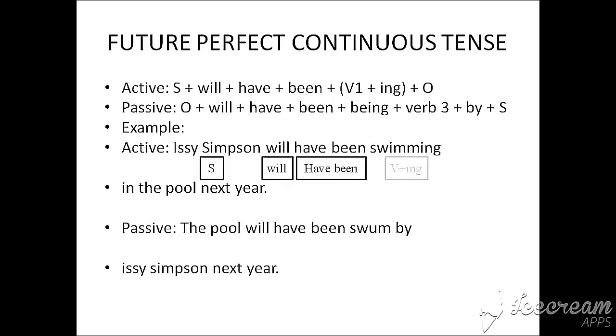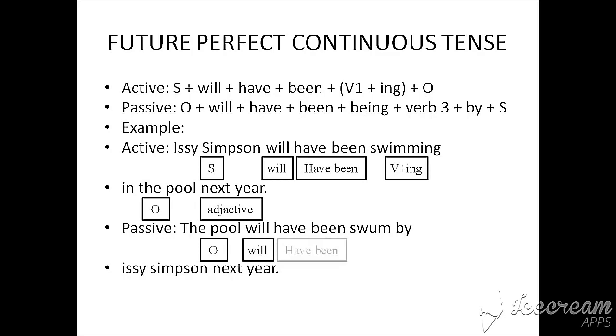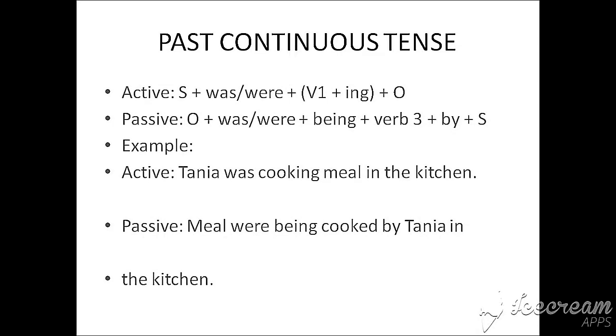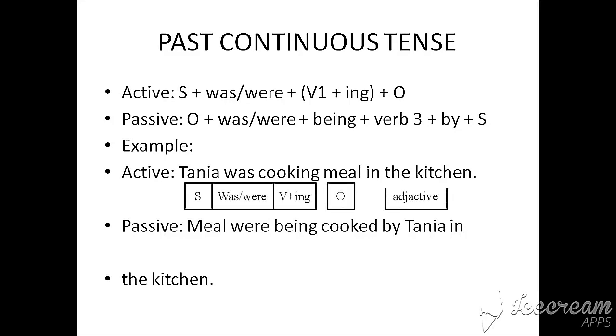The passive sentence is the pool will have been swum in by Izzy Simpson next year. There is past continuous tense. The formula of active and passive voice is there. The example in the active sentence: Tanya was cooking meal in the kitchen. The passive voice is meal was being cooked by Tanya in the kitchen.